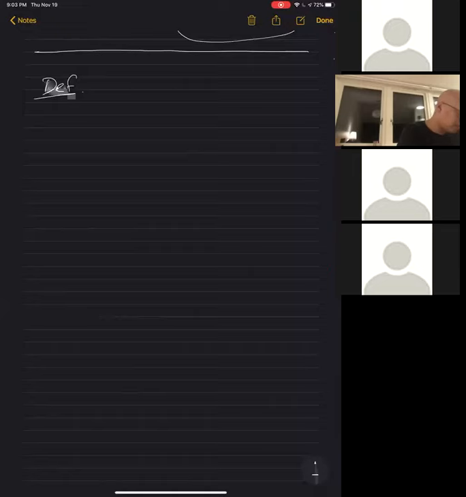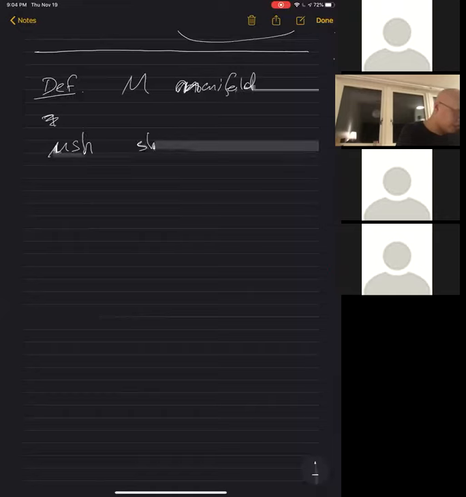If you take M a manifold, then there's a sheaf of categories on T star M. And as usual, when making a sheaf, I first define a pre-sheaf and then I sheafify it.